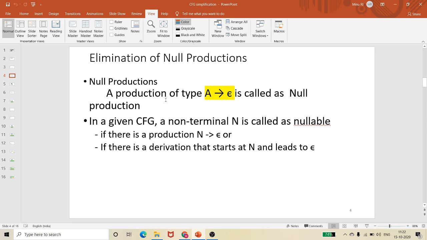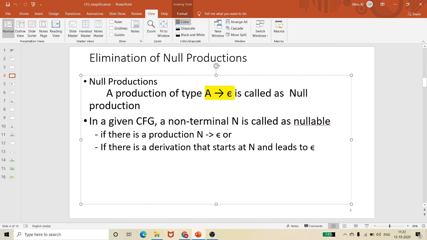In a grammar, the epsilon production is shown like this, where a non-terminal gives epsilon. Before going into detail, we should know what a terminal and a non-terminal are in a context-free grammar.